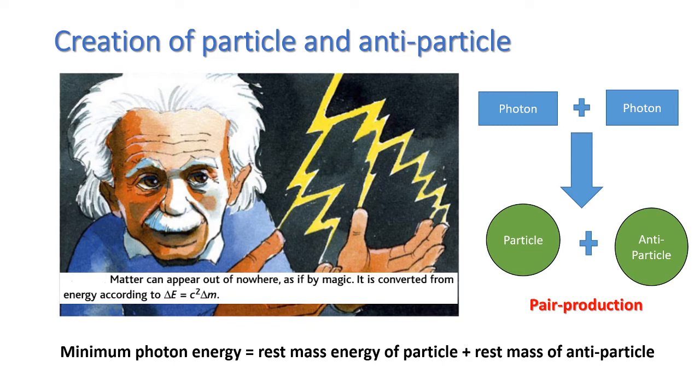This Einstein equation gives the relationship between mass and energy: mass can convert to energy, and energy can convert to mass. So the rest mass energy is the rest mass multiplied by the speed of light squared.